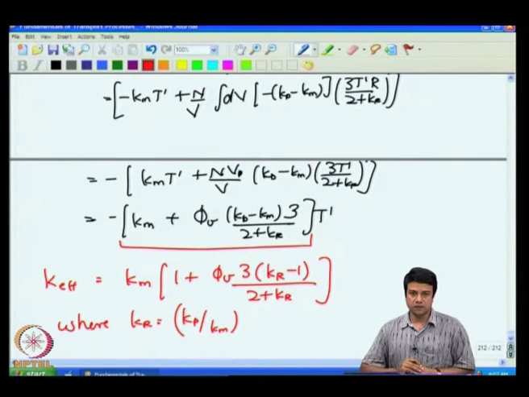From that we were able to calculate the conductivity. It turned out to be quite simple. The original expansion that we had was for n equal to 0 to infinity. We had an infinite number of terms. However, we found that in this particular case only the term with n equal to 1 was non-zero. All other terms were identically equal to 0.